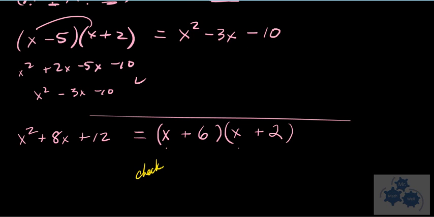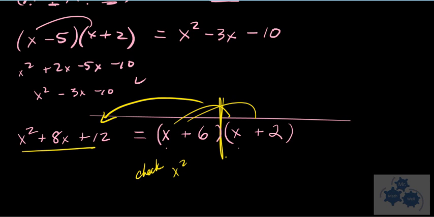Now, let's give it a check here. How would we check to see if we did this correctly? We factored, so how could we check? Anybody? Well, if you took this and you broke it apart into two factors, what if you multiplied those factors again? You should get the original polynomial back, right? So to check, you multiply the two binomials.